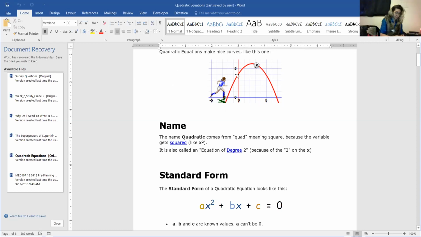If it does not cross the x-axis, that means it doesn't have a solution that's real. Remember, we haven't talked about this, but there is a class of numbers called imaginary numbers. They're imaginary because they are the square roots of negative numbers. You cannot have a square root of a negative number because you can't multiply anything by itself and get a negative number.